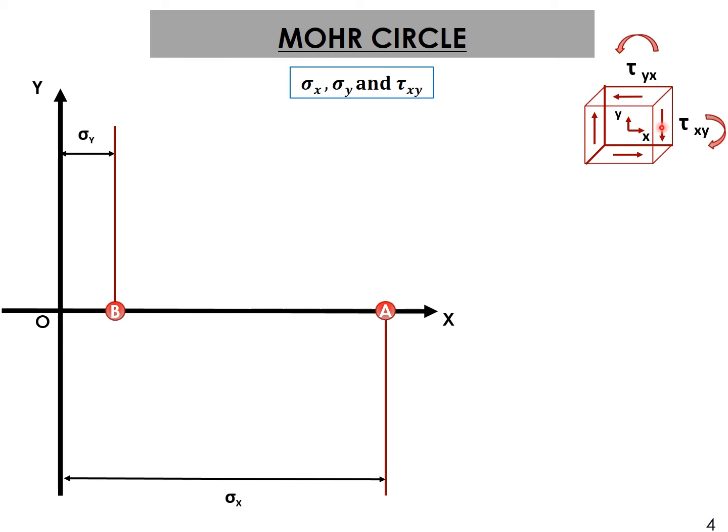This shear stress is opposed by this shear stress just to maintain equilibrium, and they both create a clockwise moment. So on this x face we are getting clockwise, which means with sigma x you will be taking clockwise shear stress. It means the shear stress will be positive.